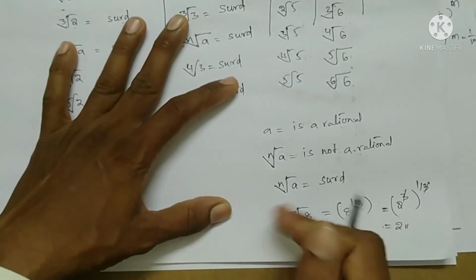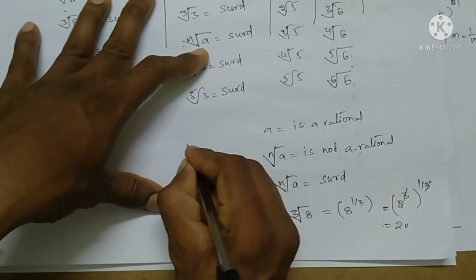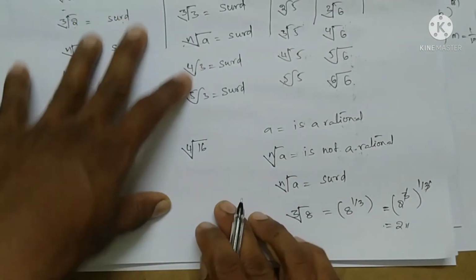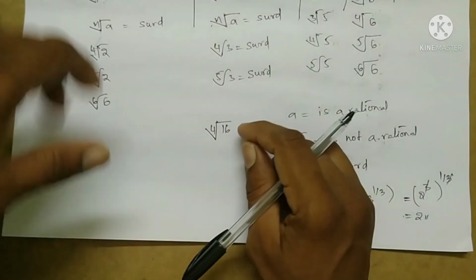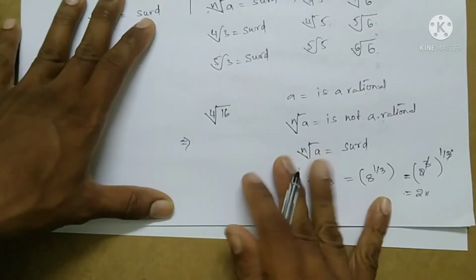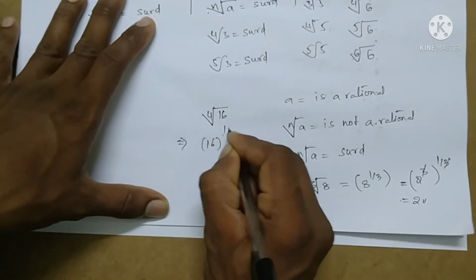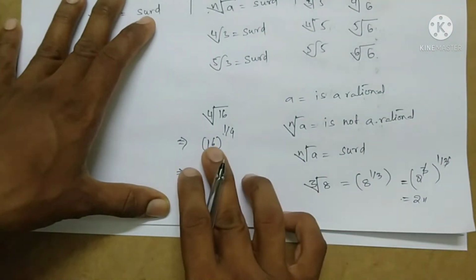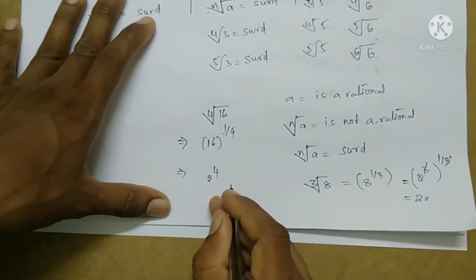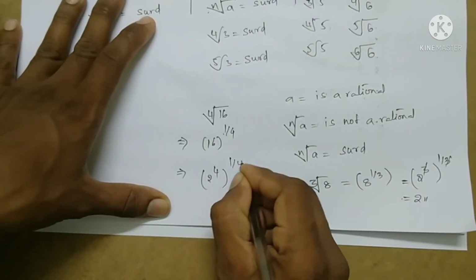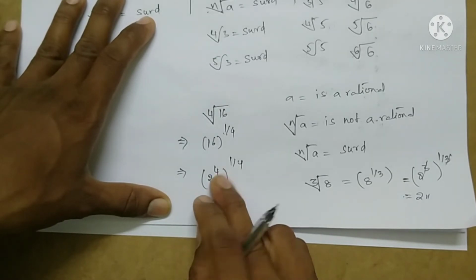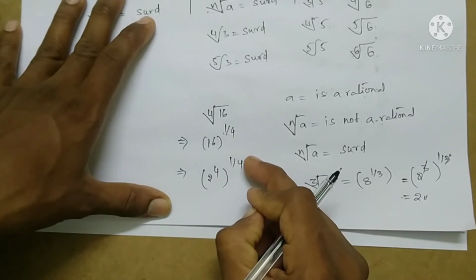Okay. Next, take one example: the fourth root of 16. This is the surd form, so change it into exponential form: 16 to the power of 1 by 4, right? We can take 16 as 2 power 4, since 2 2s are 4, 4 2s are 8, 8 2s are 16.